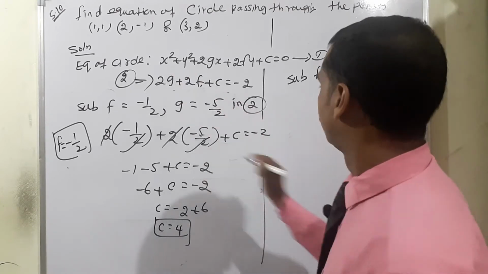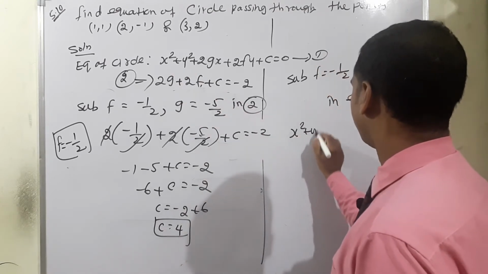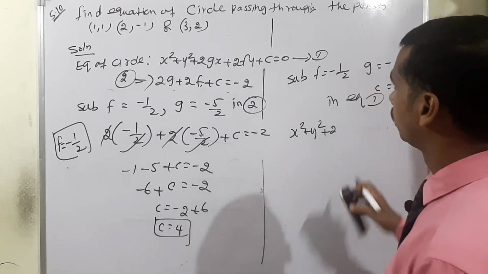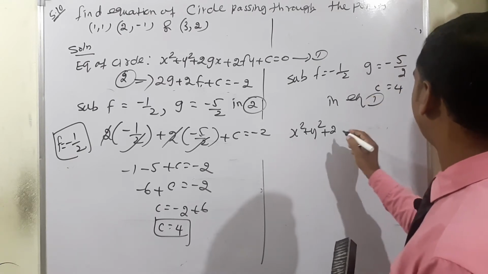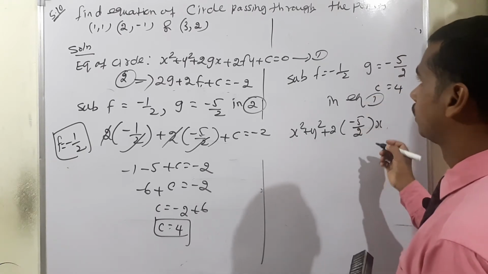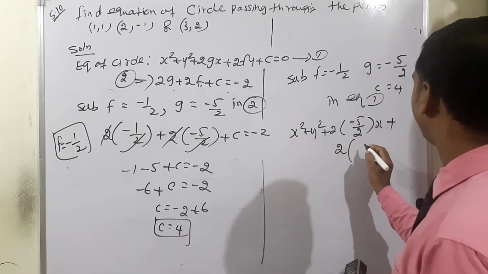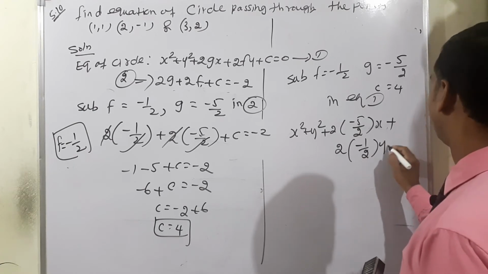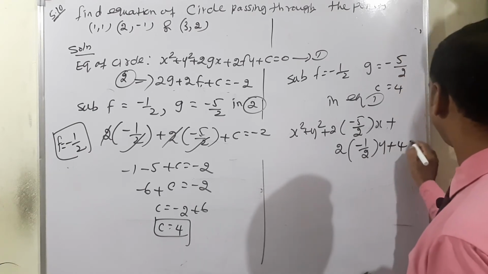Equation number 1: x square plus y square plus 2 into g value, g is equal to minus 5 by 2, into x, plus 2 into f value, minus 1 by 2, into y, then plus c is equal to positive 4, is equal to 0.